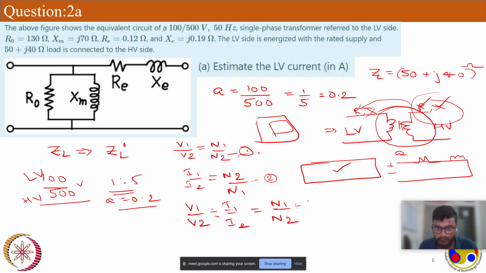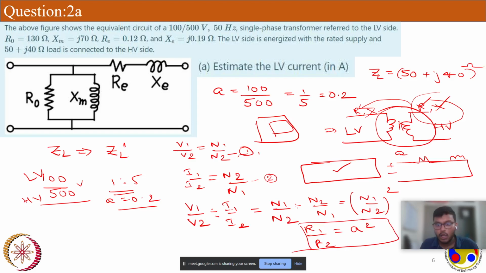So N1 by N2 divided by N2 by N1. Now this is N1 by N2 whole square. So V1 by I1 divided by V2 by I2 is nothing but R1 by R2 is equals to N1 by N2, which is the turns ratio, A square.